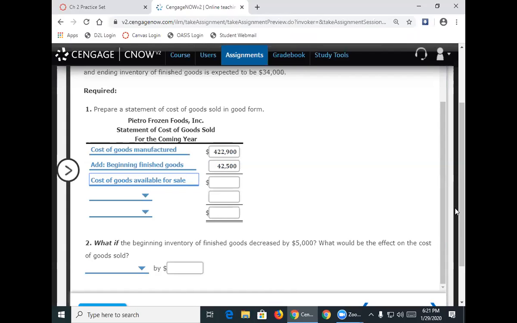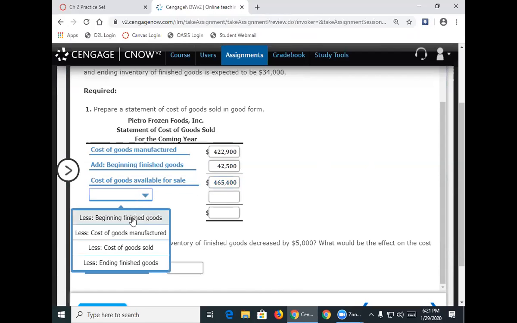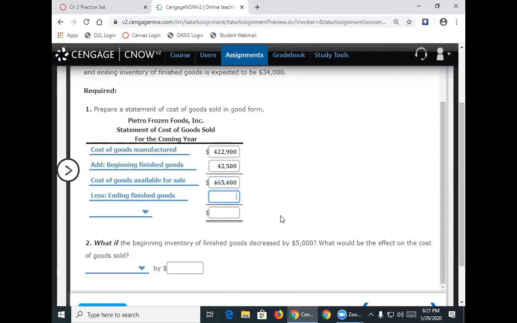How much is that? $465,400. Very good. So that's all the items we had that were finished and ready to sell. And then we subtract out our ending finished goods balance of $34,000.